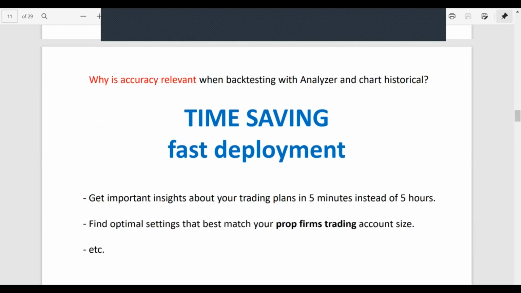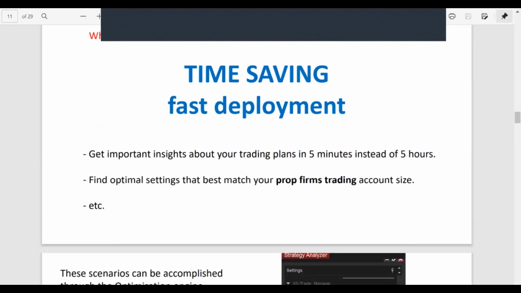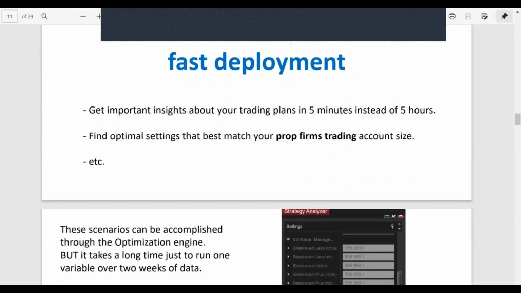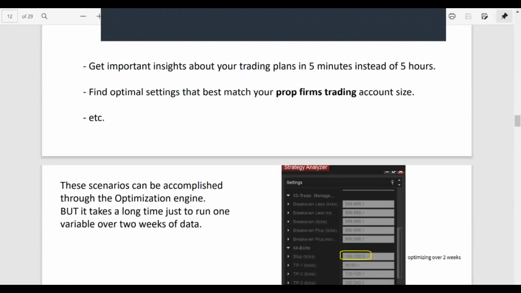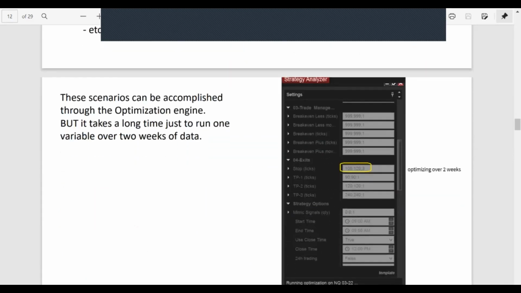And you can get an insight about your strategy in 5 minutes when using analyzer instead of 5 hours of replay. And also you look for optimal settings to best match your strategy criteria, such as when trading on prop firms, trading account size, they want to have precise information, precise to the extent that is possible.